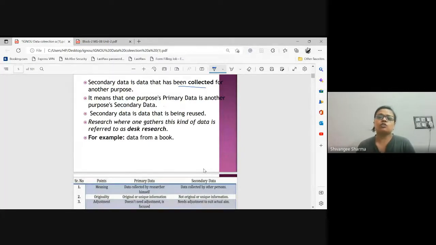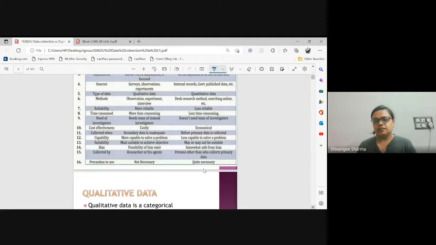Government reports are also there, company reports are also there. So all that data that has already been established or already been collected is known as secondary data. So here the detailed difference of primary and secondary data is also given to you.